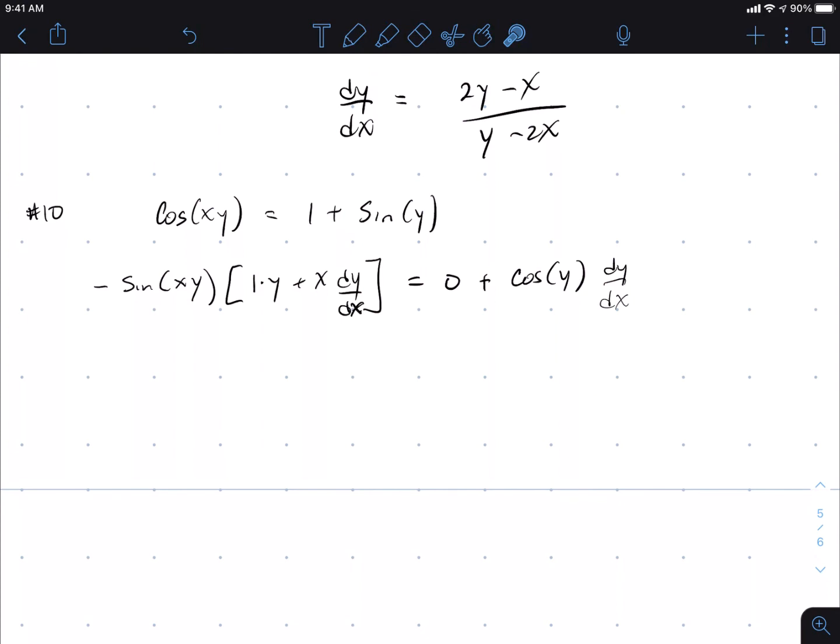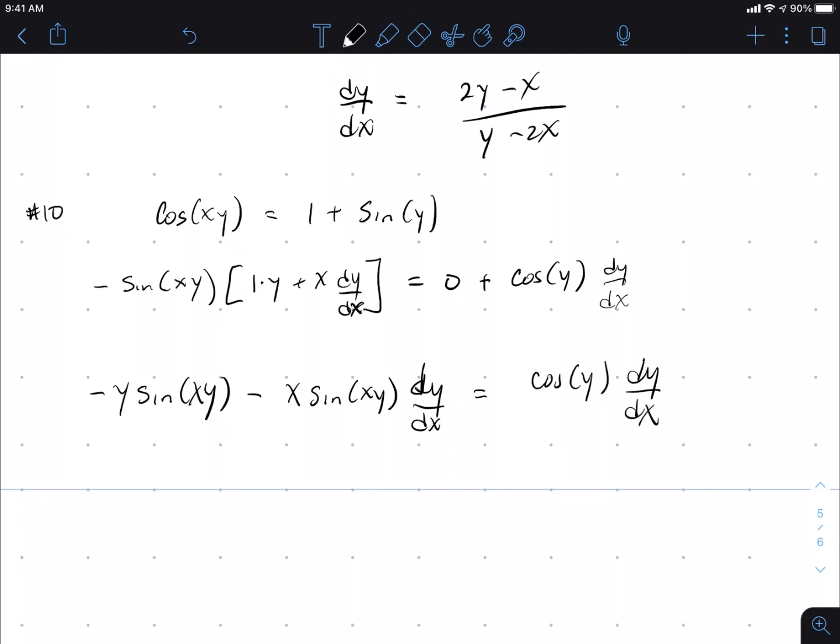Okay, now we have to distribute things, and so what I'm going to get is a negative y sine of xy minus x sine of xy dy dx is equal to cosine of y dy dx. Okay? But now we want to put the dy dx terms together. Correct? Yes.